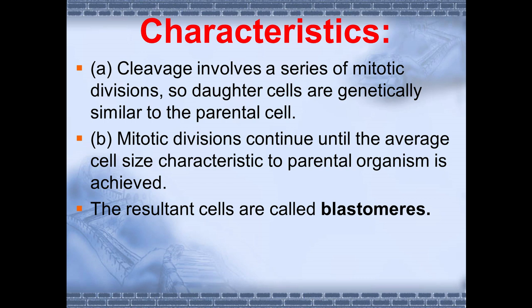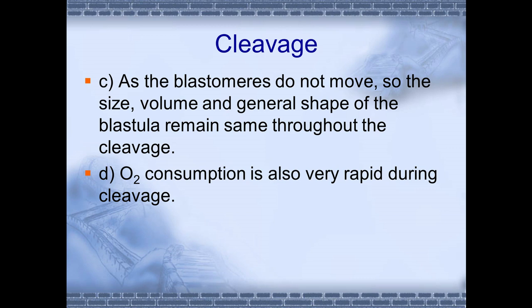Since it involves mitotic divisions, the daughter cells are genetically the same. They are similar to the parent cell. And these mitotic divisions continue until the average cell size, which is characteristic of the parental organism, is achieved. The resultant cells are known as blastomeres.